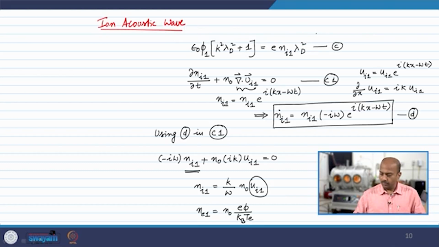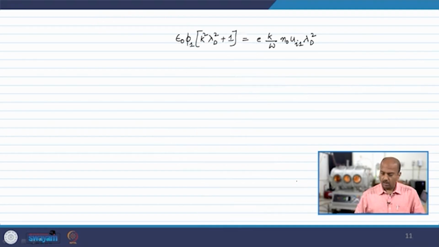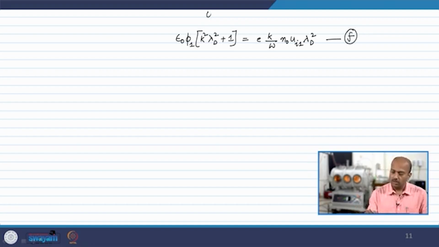Let us say we call this equation as E and this as F. How did we get F? Using equation number E in C.